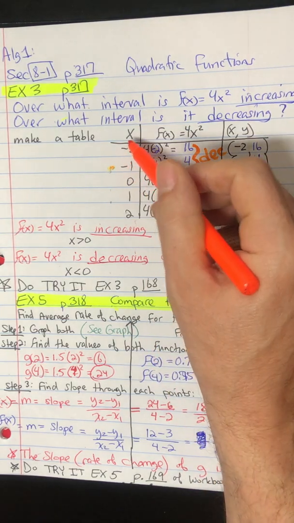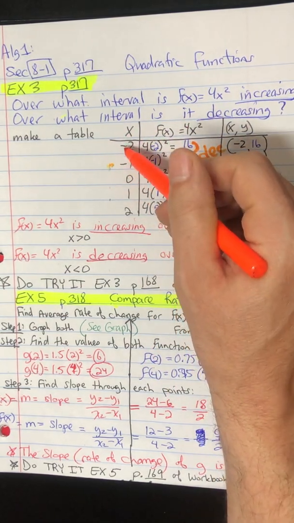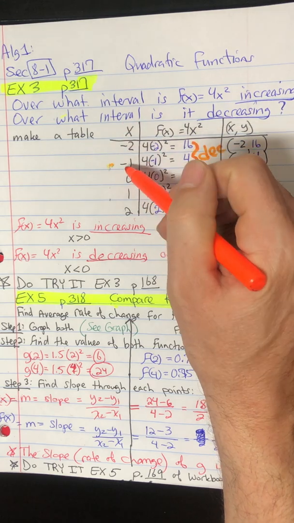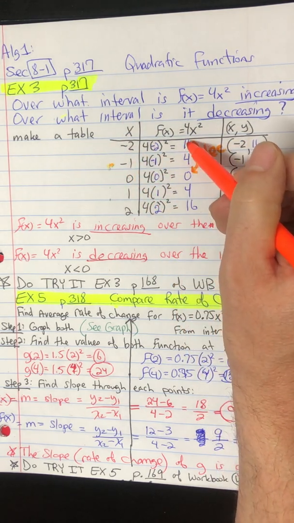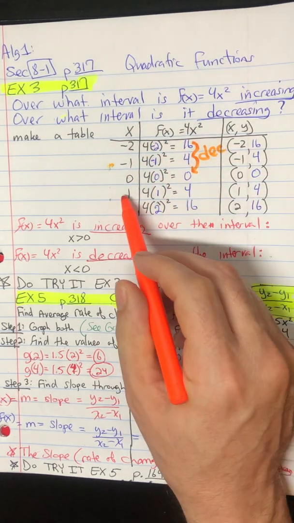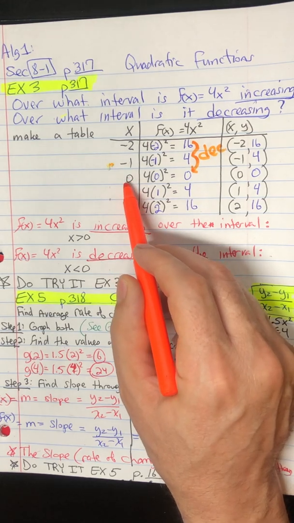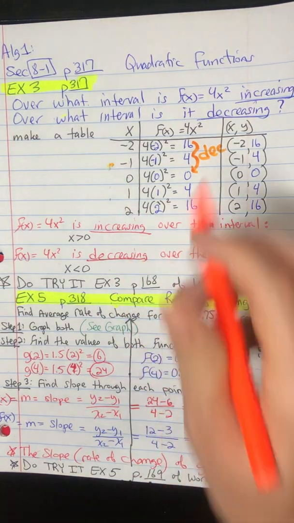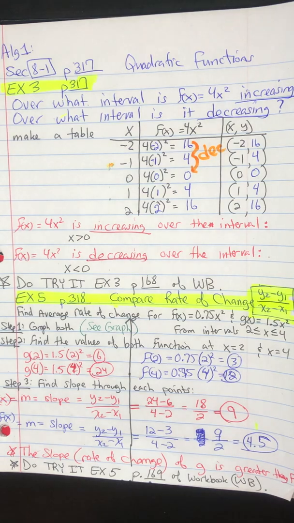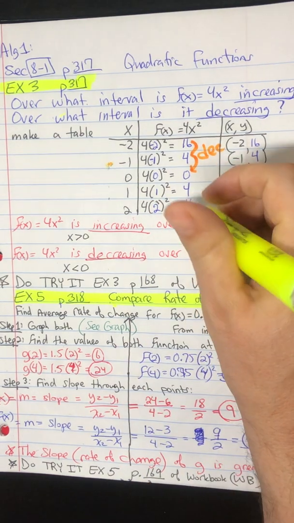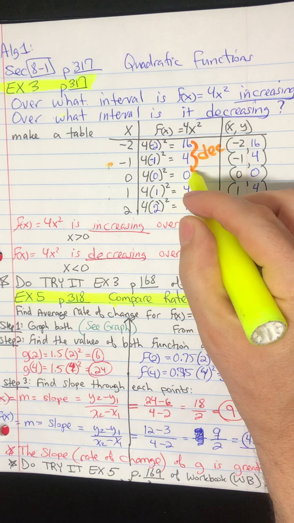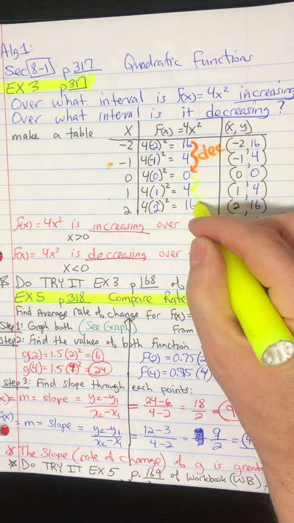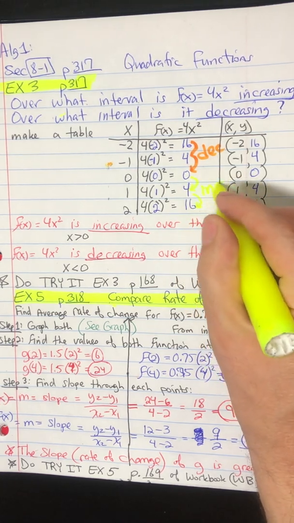So it's decreasing in the negative sense, right? -2, -1, 0. The outputs are decreasing. They're getting smaller. Then when the x's are positive, greater than 0, 1, 2, 3, and so on, what's happening? You go from 0, let me use a highlighter, 0 to 4 to 16, it's increasing.